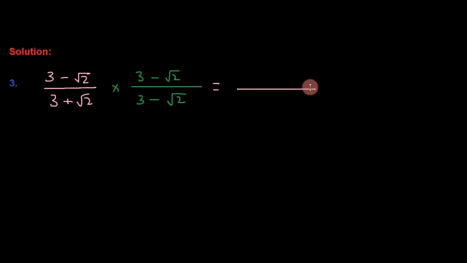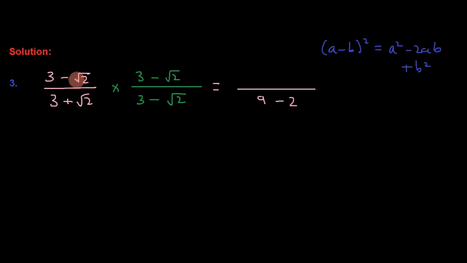In the denominator, once again, we have a difference of squares. So it's 9 minus 2, the square of the first term minus the square of the second term. In the numerator, we have to square out the binomial. We have 3 minus root 2 all squared. So once again, a minus b all squared is a squared minus 2ab plus b squared.